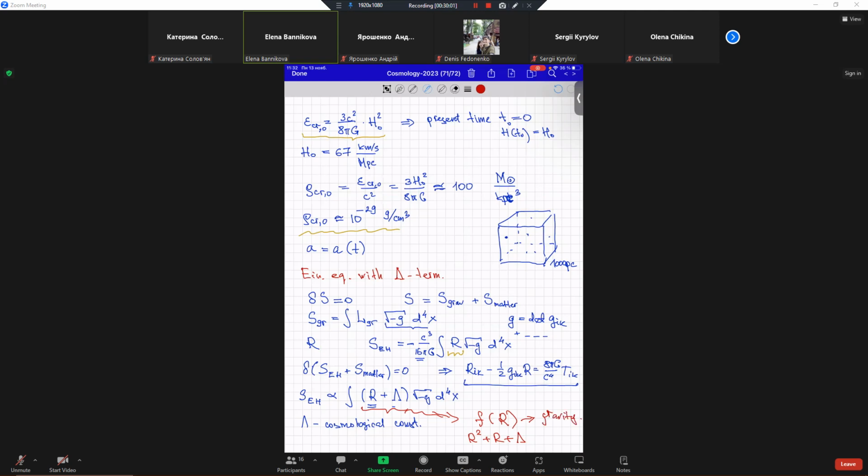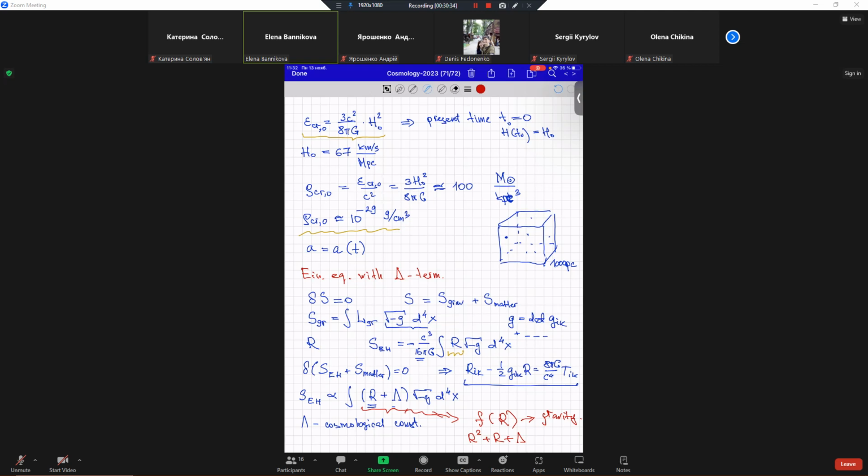This is exactly the point why it's important to prove everything, because in this case you understand which assumption we put in the beginning to obtain the final result. F(R) gravity is also important, and they predict something which can be different from only the consideration of scalar curvature.